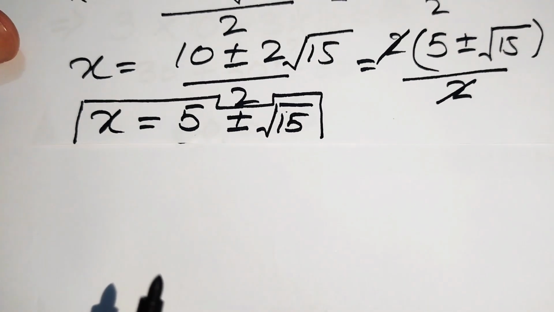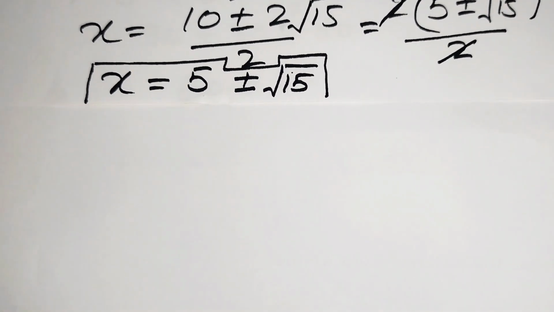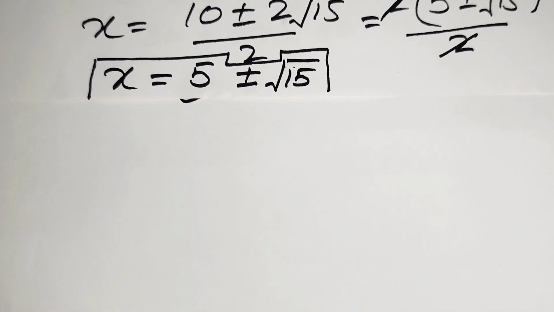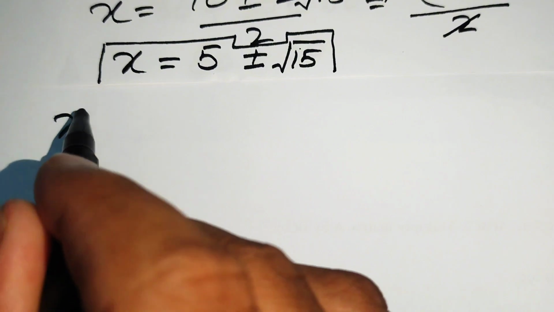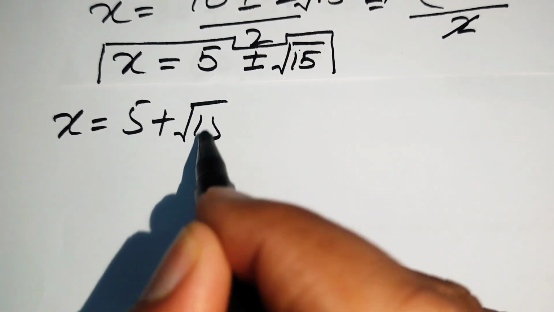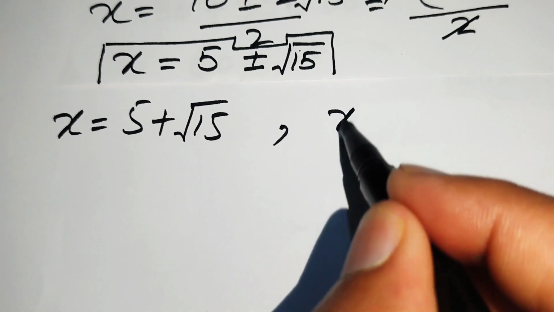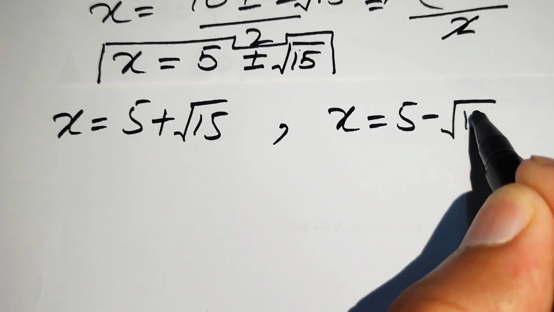Now in the next step, we use these two values of x and we find the corresponding values of y. We first separate these two values: the positive value is 5 plus square root of 15, and the negative value is 5 minus square root of 15.